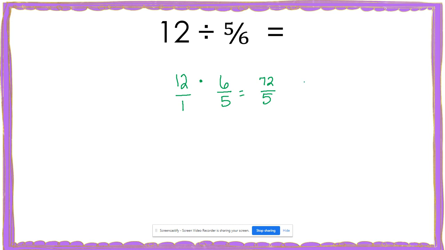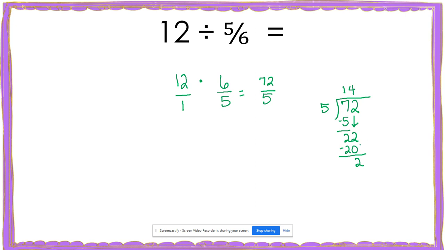Now this is an improper fraction, so I'm going to want to divide to make it into a mixed number. So 72 divided by 5. 7 divided by 5 is 1, and 1 times 5 is 5, and when I subtract, I'm left with 2. Now I bring down the 2. When I do 22 divided by 5, I get 4. 4 times 5 is 20, and 22 minus 20 is 2.